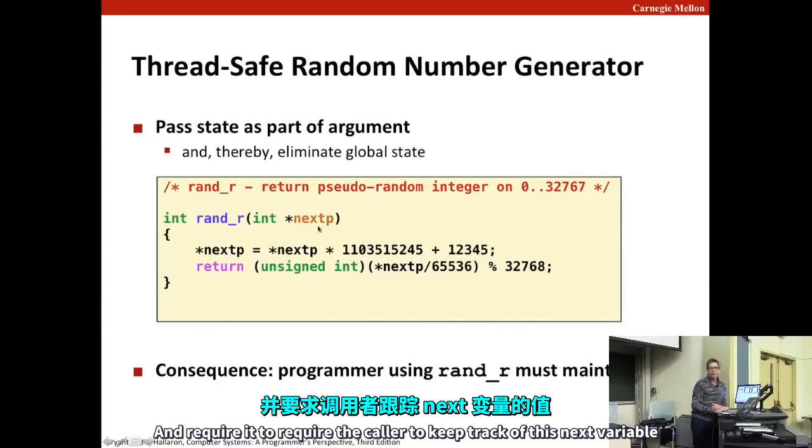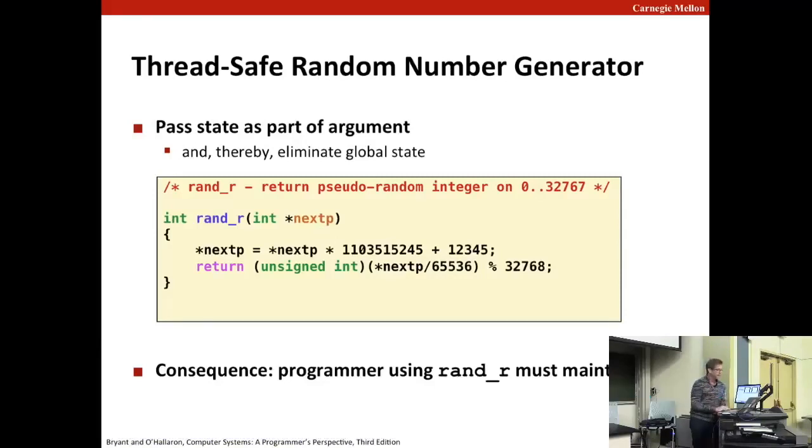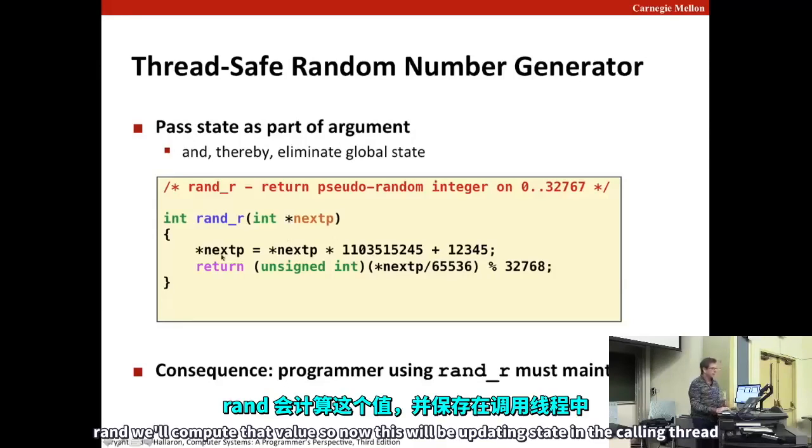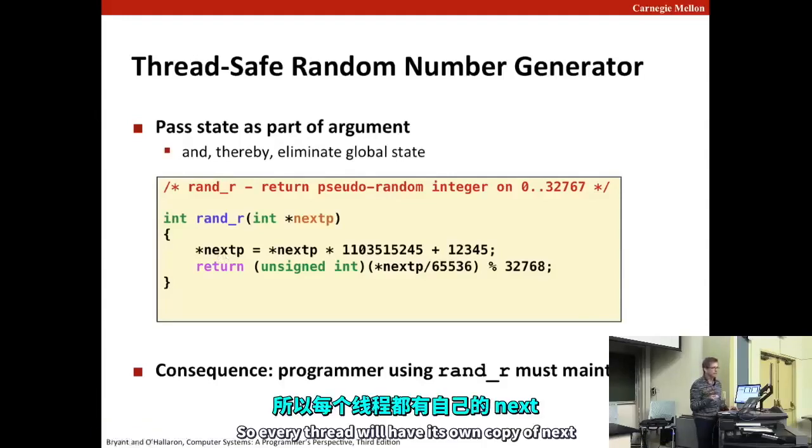So the solution to this is to rewrite rand and require the caller to keep track of this next variable. Each caller will keep its own local copy of next, and it'll pass in a pointer to rand. Rand will compute that value, so now this will be updating state in the calling thread, but this is local state on that thread's stack. Every thread will have its own copy of next.